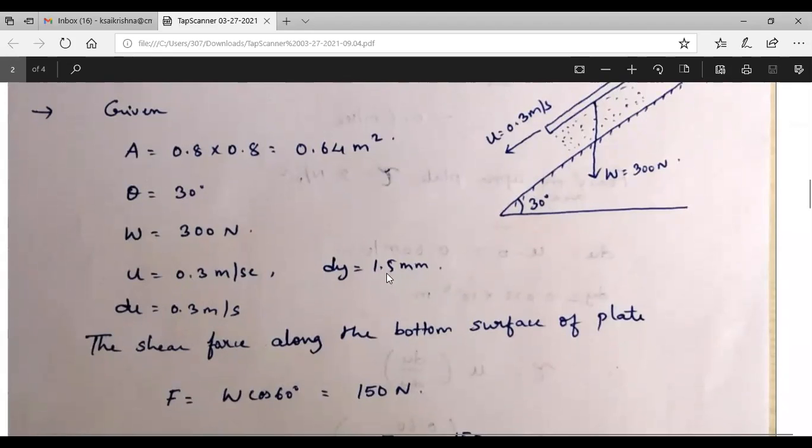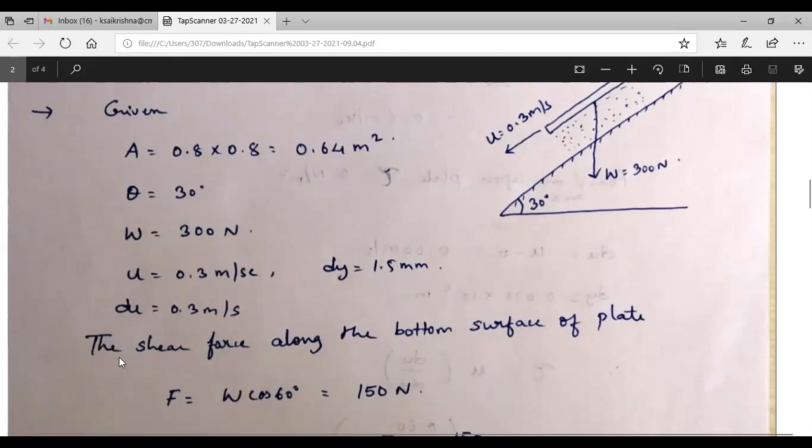And dy is given in terms of mm, so convert this into meters. You'll get dy equal to 1.5 into 10 power minus 3 meter. Remaining things are in meters only. See here, U and area are all in meter units.